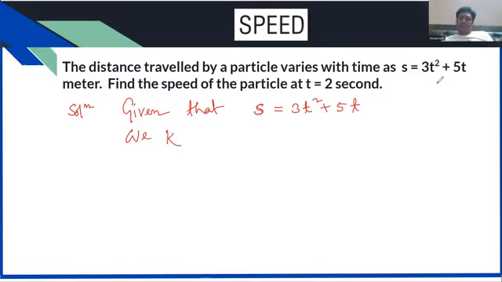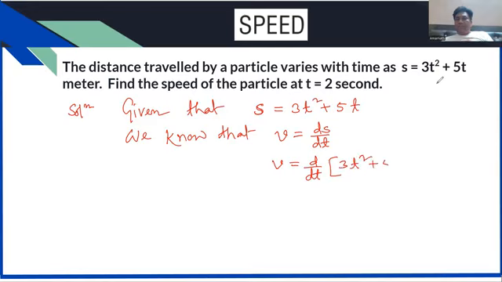We know that speed equal to differentiation of distance. So speed equal to d by dt of this thing. It is simple differentiation.